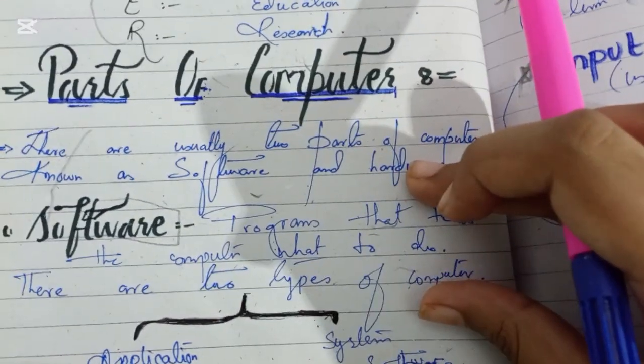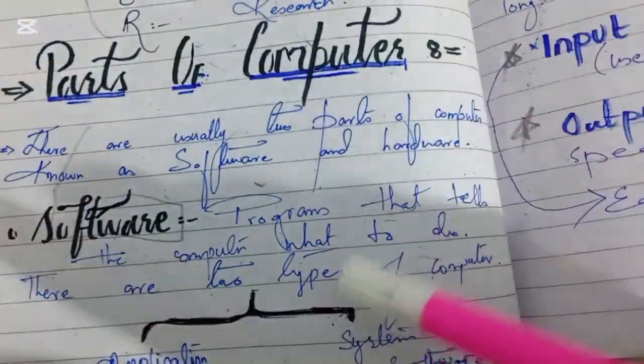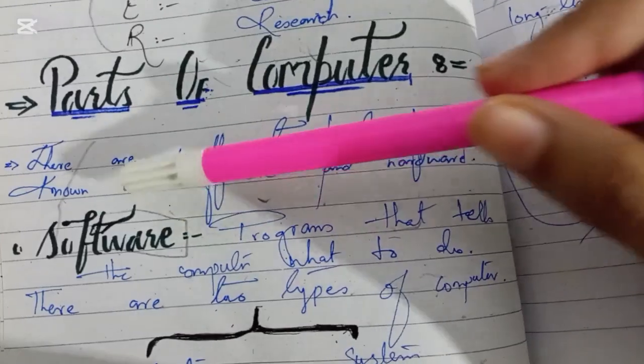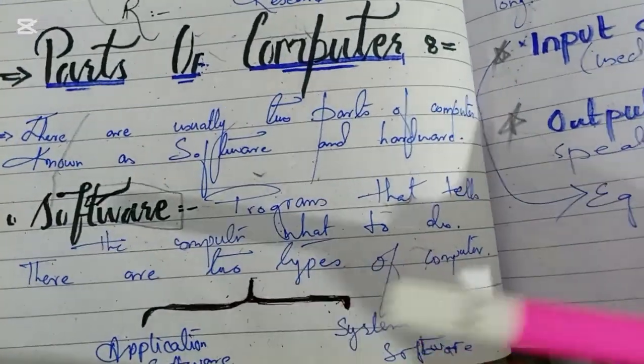It is a main important part of a computer and is further divided into two parts: application software and system software.